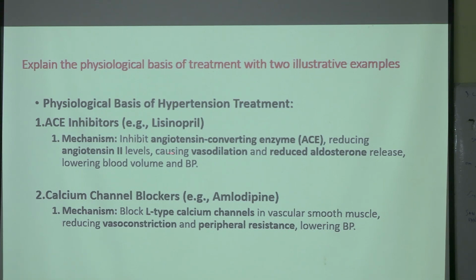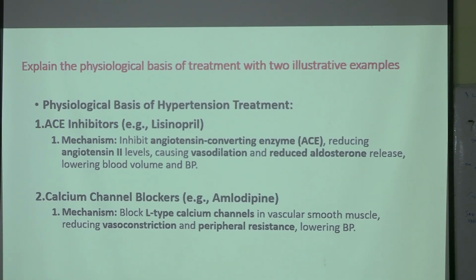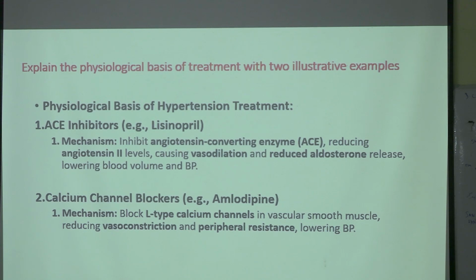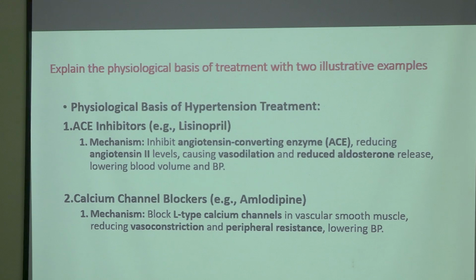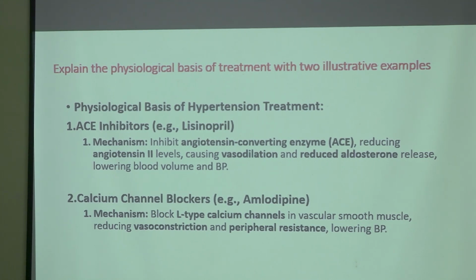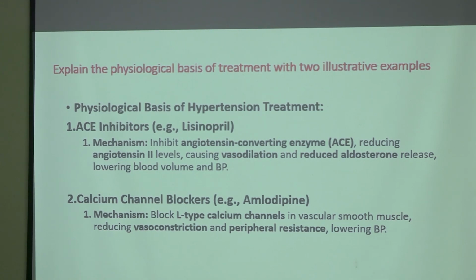See, it inhibits the angiotensin converting enzyme. So if there is a lesser amount of ACE, obviously there will be less conversion of angiotensin 1 to angiotensin 2, right? So it inhibits the angiotensin converting enzyme, which reduces the angiotensin 2 levels, right? So due to the decreased level of angiotensin 2, it promotes vasodilatations, right?